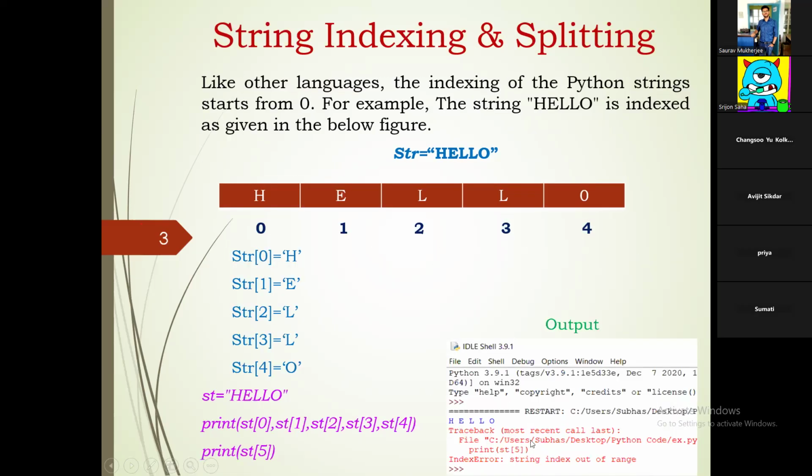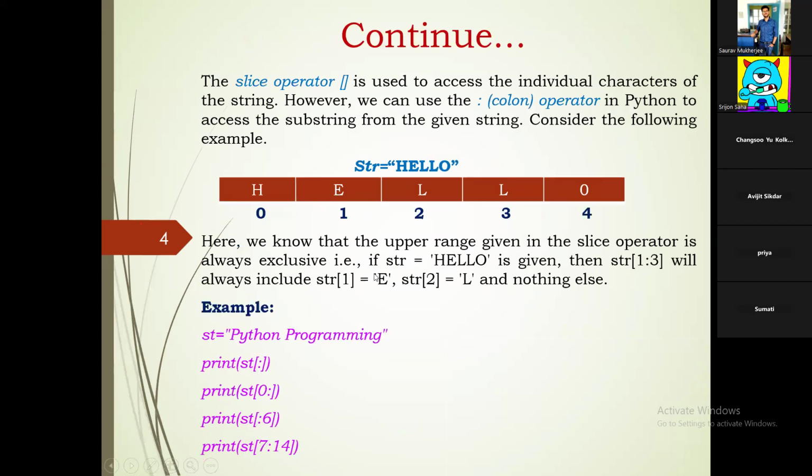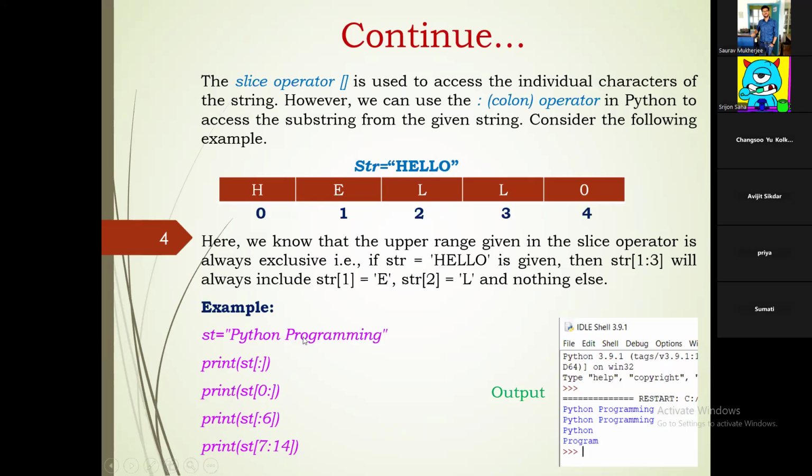The output is this, we are getting hello. I hope it is clear already. If you write this, we get this output. Any example you write in IDLE or Google Colab, you get the output.